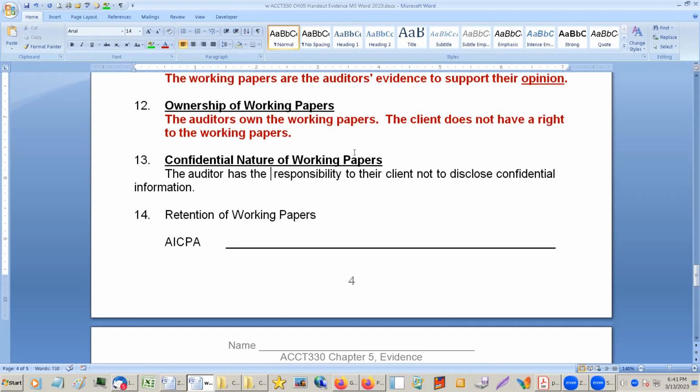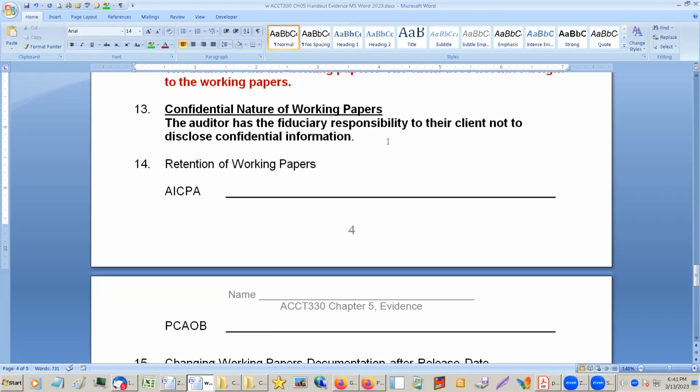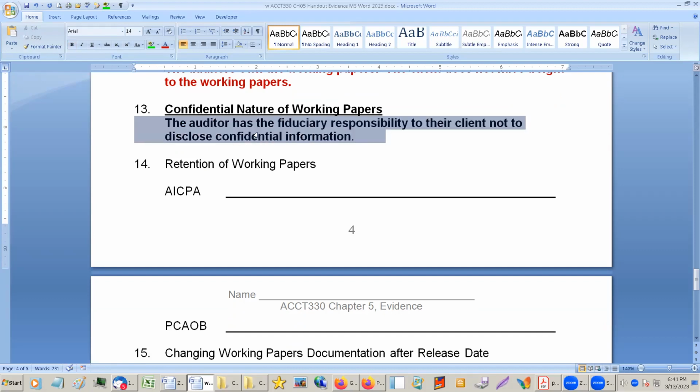I just say fiduciary. So even though the auditor owns the work papers, you cannot take those work papers and post them on the internet or something. So there is confidential information on the client, and you do not share that.